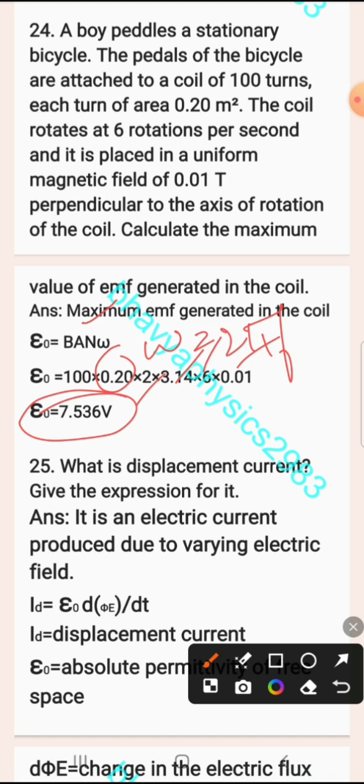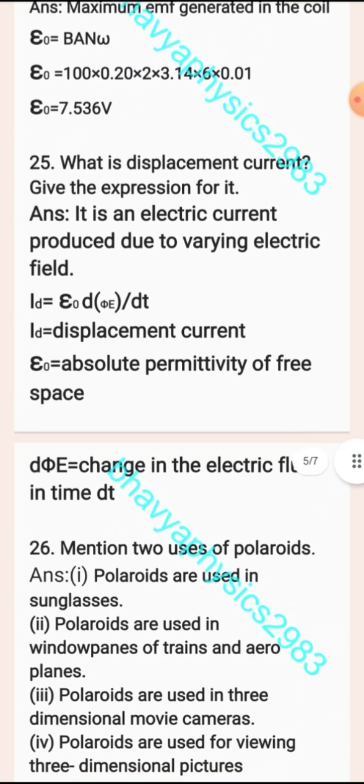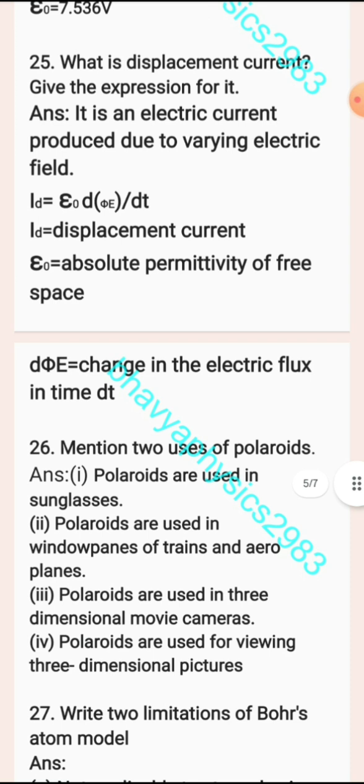Please note down. Next, what is displacement current? This is the AC chapter. Give the expression for it. So remember this formula always. It's a very important question for 2 marks. Displacement current is an electric current produced due to varying electric field.